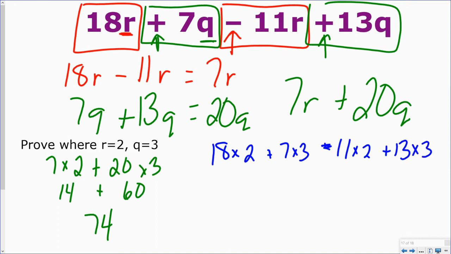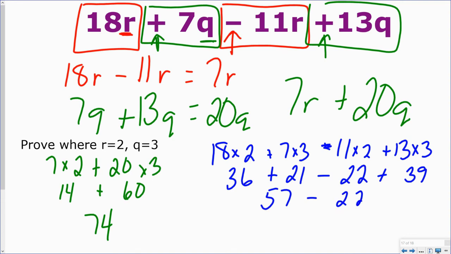And when I work through that, this gives me 36 plus 21 minus 22 plus 39. 36 plus 21 gives me 57 minus 22 plus 39. 57 minus 22 is 35 plus 39.